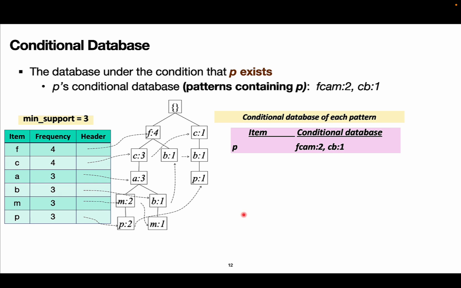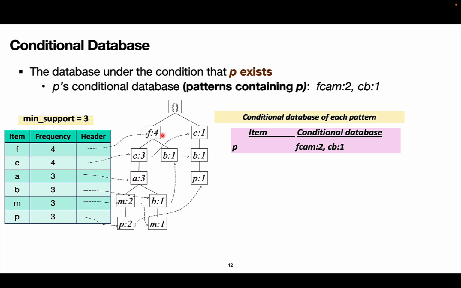Next, we are going to create what is called conditional databases. So a conditional database for a specific item set is the database under the condition that this item set exists. In this example, we're creating the conditional database for P. We go and traverse P all the way up to the root.